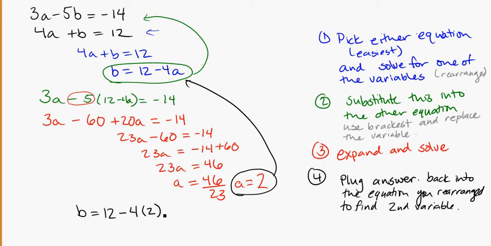I'll use brackets there just to remind myself that it's not going to turn into the number 42, but I need to do 4 times 2. So b becomes 12 minus 4 times 2, which is 8. So b is equal to 4. And we have our two answers. A is equal to 2, b is equal to 4. So that is the substitution method for solving simultaneous equations.